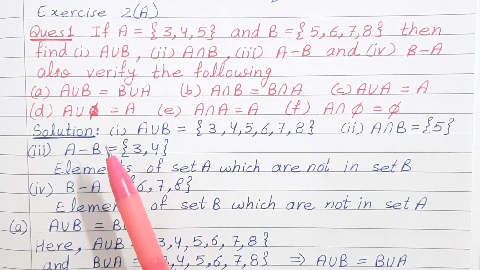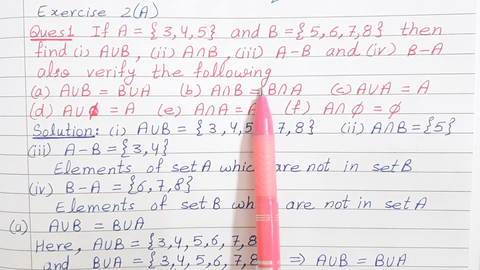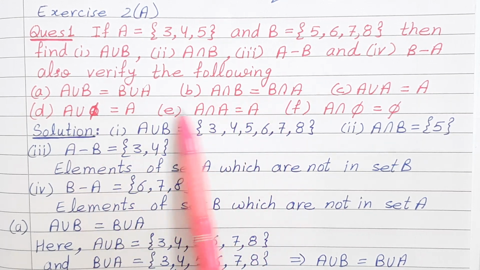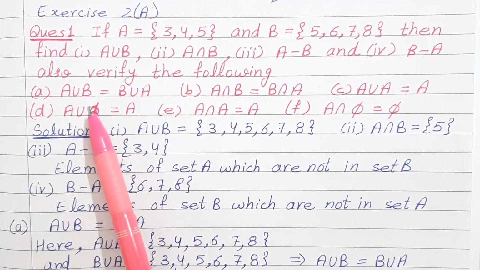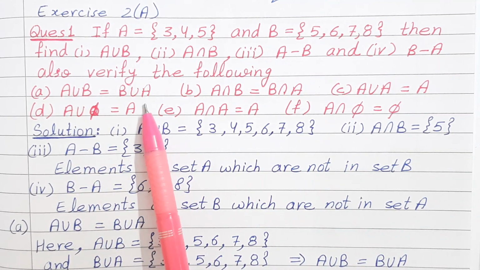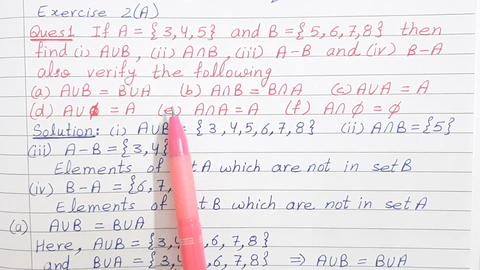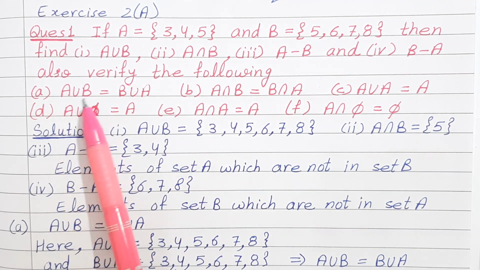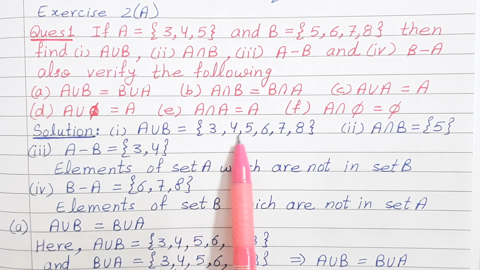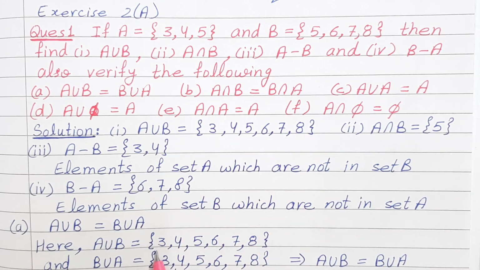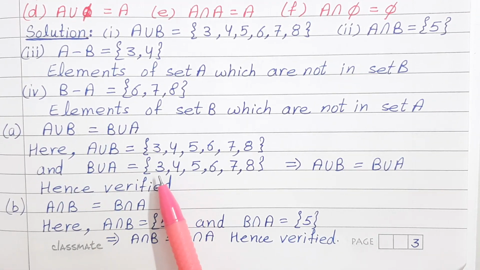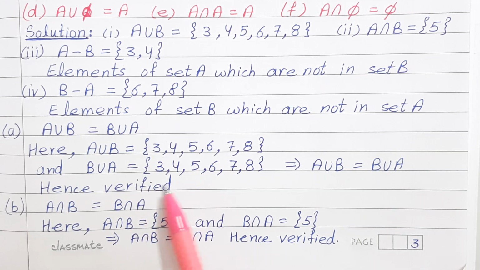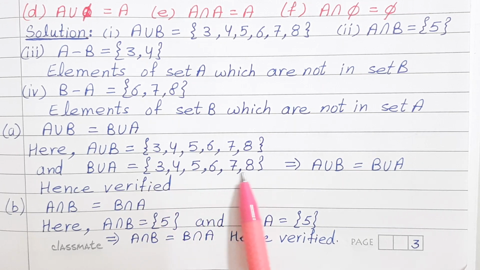Now, let us move to the next phase of the question. That is, we have to verify these. Now, how to verify? We have to write the left hand side as well as the right hand side separately. Now, see what is A union B. A union B is 3, 4, 5, 6, 7, 8, right? Now, what is B union A? B union A is, of course, the same. That is 3, 4, 5, 6, 7, 8.